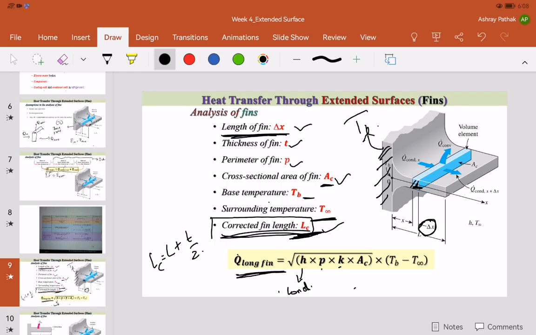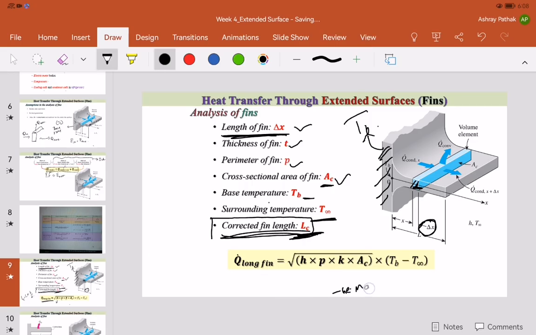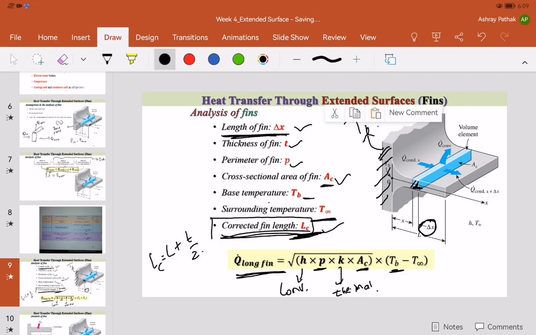Pardon me, H is the convection heat transfer coefficient, and K is the conduction heat transfer, thermal conductivity, right? P is the perimeter. AC is the cross-sectional area of the fin. TB is the base temperature. T infinity is the surrounding temperature.